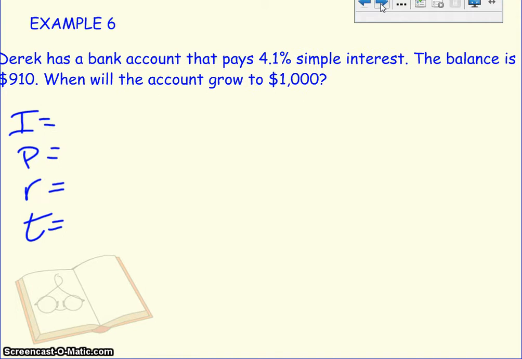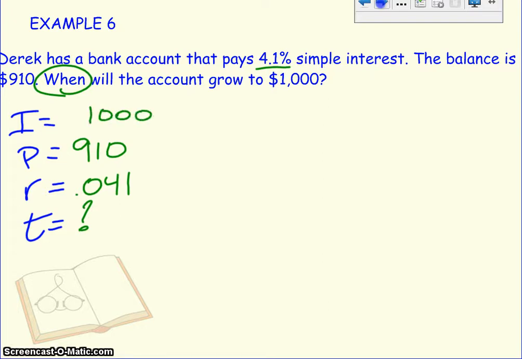All right, for our next example, it says Derek had a bank account that paid 4.1% simple interest. So moving that over, it's 0.041. The balance is $910. So that means that's what's going into the account. It says when. So the second I see the question when, I know time is my question mark. That's my unknown. And it says when will the account grow to $1,000? Now many of you are going to be tempted just to write $1,000 in here. But that would actually be completely incorrect.